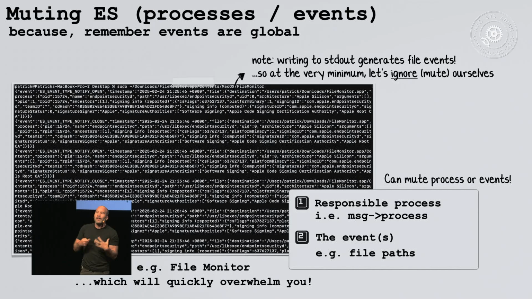So clearly, at the very least, we want to mute ourselves. We want to tell endpoint security, yo, I told you I'm interested in file events, but please ignore me specifically, right? As we will see, you can mute arbitrary processes, and then you can also mute the events as well. For example, you might want to mute or ignore file events that are being written to the temp directory. You're like, I don't care about that.